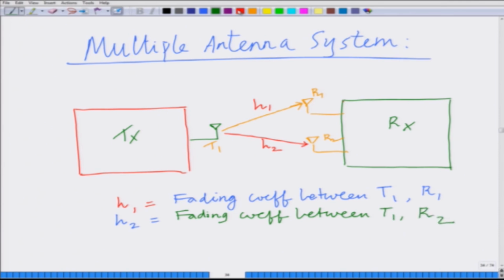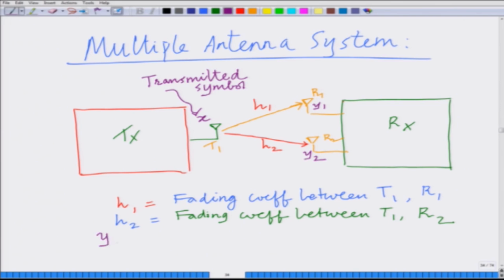Further, as usual, the transmitted symbol is X. The received symbol on receive antenna 1 is Y1, and on receive antenna 2 is Y2.